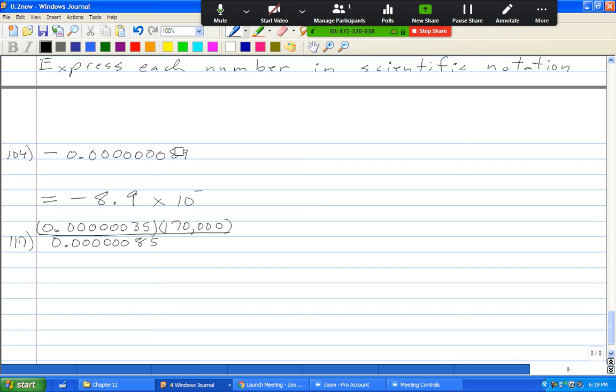So small numbers, meaning numbers less than 1 in absolute value, have negative exponents, whereas big numbers, meaning numbers bigger than 1 in absolute value, have exponents that are greater than or equal to 0. Okay, so if I have a leading 0, and this is what makes it nice, then I just count the number of 0s. So 1, 2, 3, 4, 5, 6, 7, 8. So this is 10 to the negative 8. So my answer is 8.9 times 10 to the negative 8.